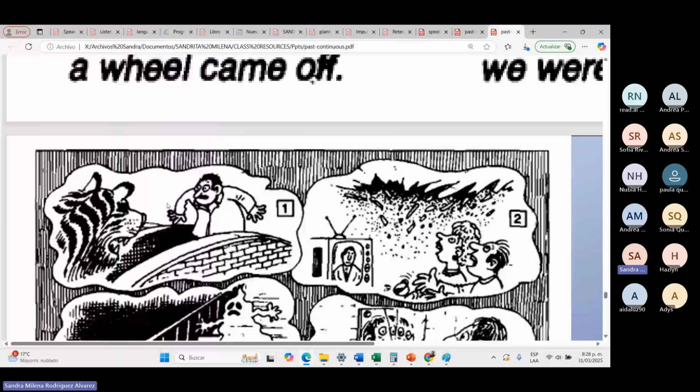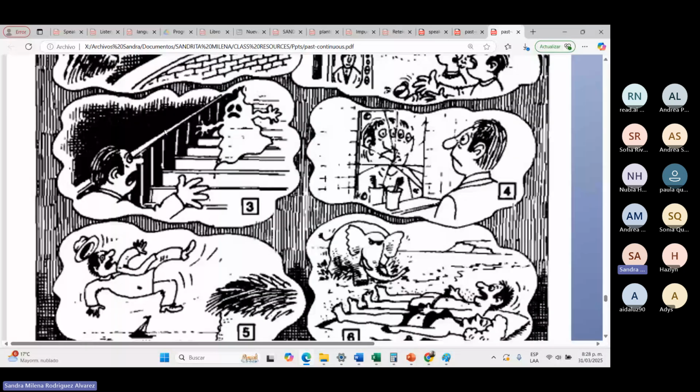And here in the second picture, they were watching TV and what happened? They were watching TV and the ceiling broke. And what happens in the third picture? He saw a ghost.